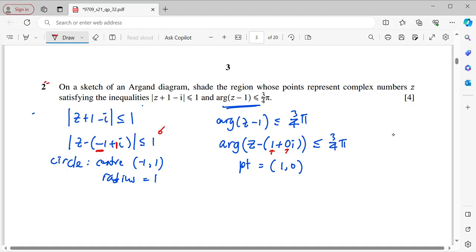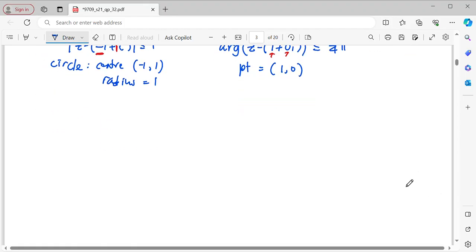Now to sketch the Argand diagram. Since your center is at minus 1, 1 and radius is 1, let's say I draw a circle first. Let's say this is minus 1 and here is 1.